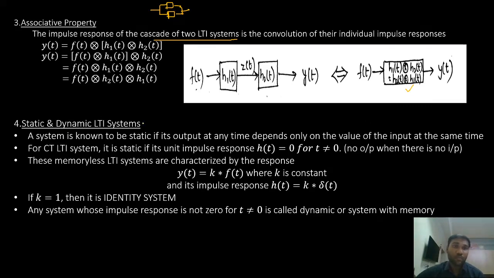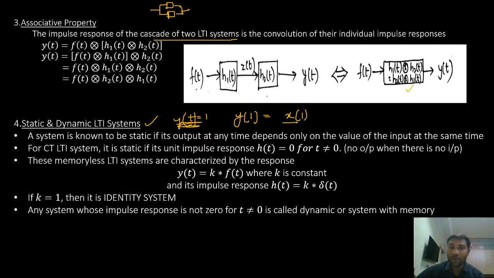Then we have the fourth property of LTI systems, that is static and dynamic. When is a system known as a static system? If the output at any given time depends only on the input at that particular time. If I want the output at t equals 1, that is y of 1, then it should only depend on x of 1.